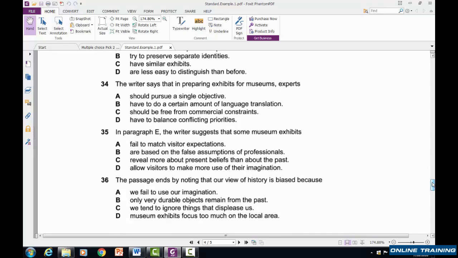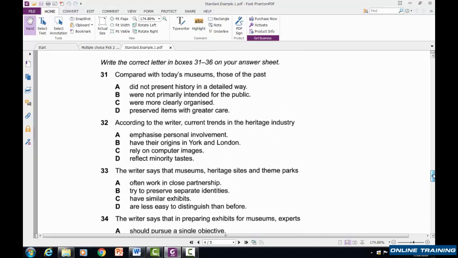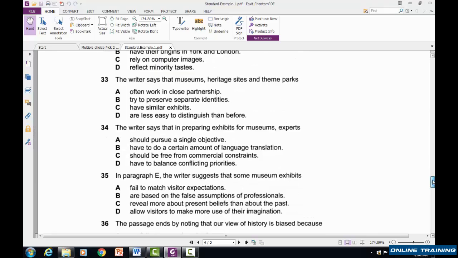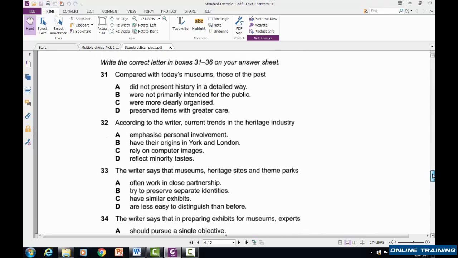Number 35 gives us the exact paragraph, paragraph E. That one's probably going to be pretty easy to find also. So if I were doing the real exam, I would probably do 32, 33, and then 35. And then that will let me know where the other questions are.